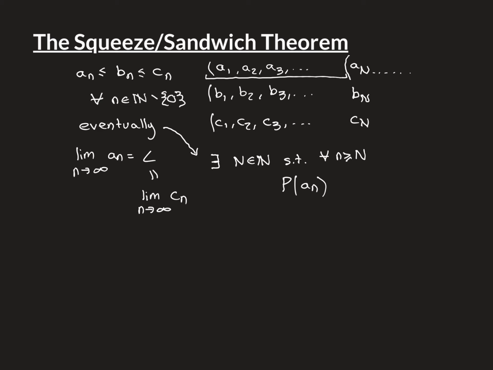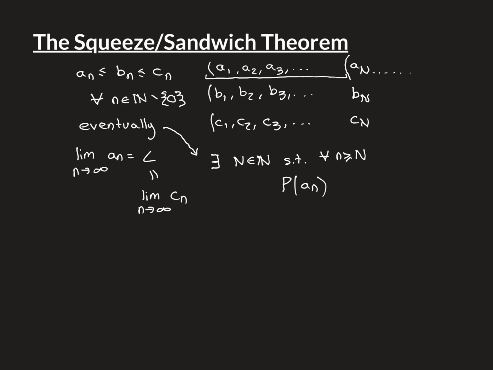So the statement of the squeeze theorem now is that if you have that this is true, that for all terms of the sequences this inequality holds true, and you know that the sequence A and the sequence C converge to a limit and that that limit is the same thing, then because this one is sandwiched in between these two, it now must also converge to that limit. So that's the result of the squeeze theorem.